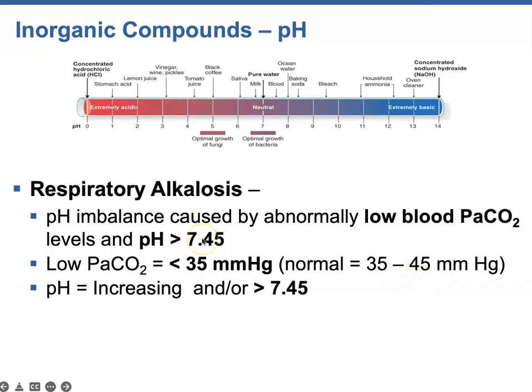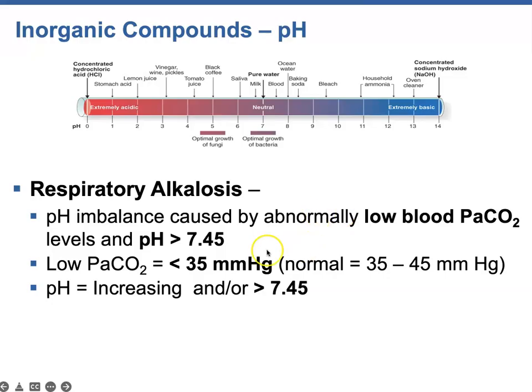When that is happening, when they're hyperventilating, right, respiratory rate above 20, when you get into the 30s, the 40s, right, with an adult, they're blowing off too much CO2. So the CO2 level is getting too low in the blood. That causes the blood to become more basic.